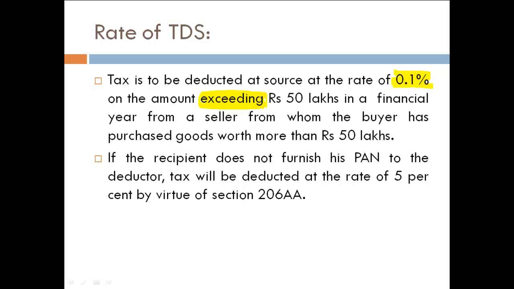If the recipient does not furnish his PAN to the deductor, tax will be deducted at the rate of 5% by virtue of section 206AA.